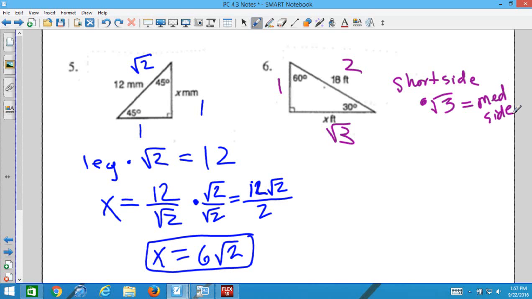Also, the short side times 2 is the hypotenuse. So we're going to need that hypotenuse to find the short side and use the short side to find the medium side. So what's our short side?